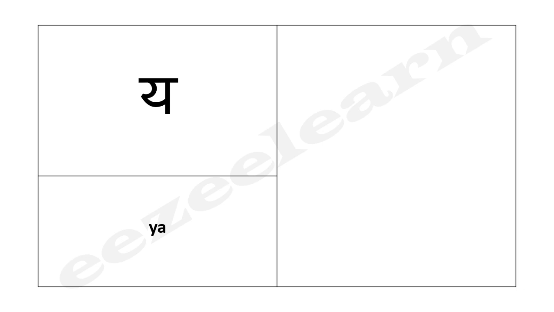And then we have these 8 letters: Ya, Ra, La, Va, Sha, Sha, Sa, Ha. The first one is Ya. The next one, Ra. Next one, La. Next one, Va.